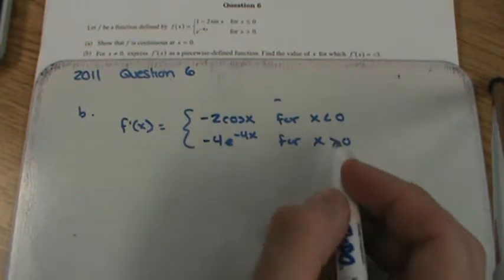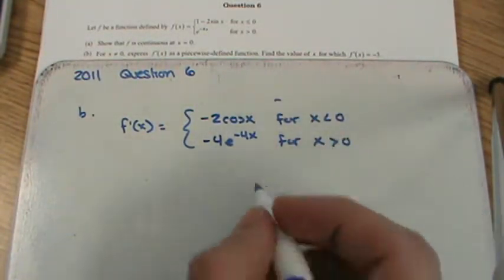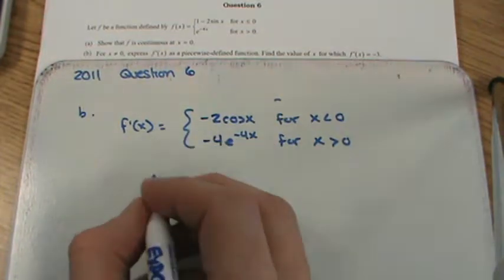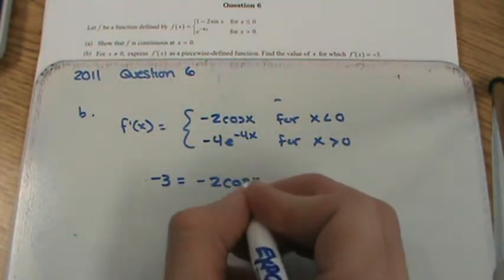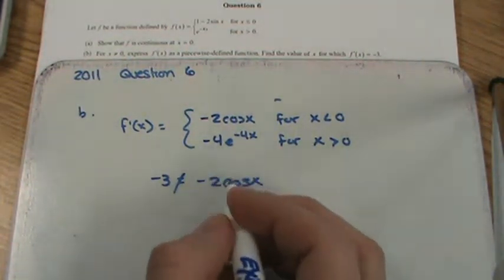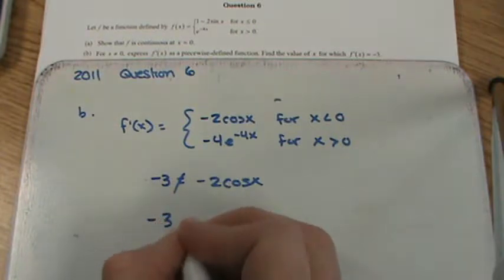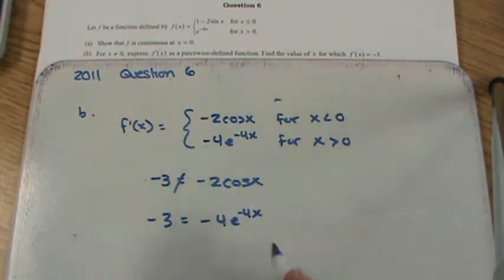All right, so let's wrap this up here. Find the value for which f prime of x is equal to negative 3. So we're going to set both of these equal to negative 3 and see what happens. Now, negative 2 cosine of x. Well, guess what? That never equals negative 3. So now, let's just focus on the second part. Negative 3 equals negative 4 e to the negative 4x.